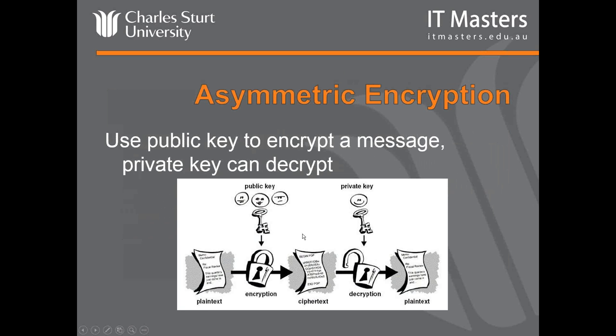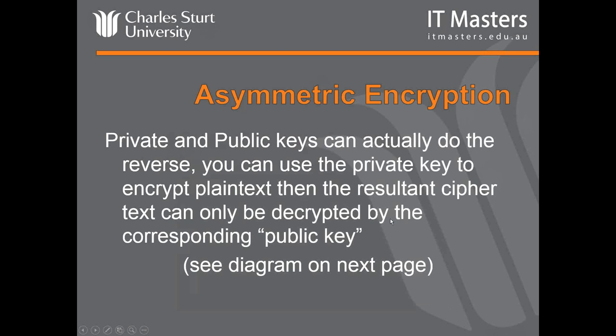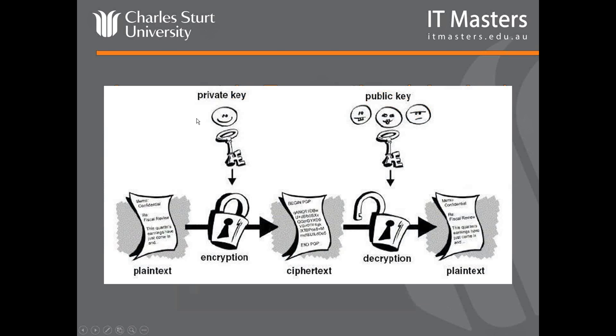To encrypt a message, we take the public key of the person we're sending it to. So I use your public key, and you can then decrypt it using your private key. To sign a message, I use my private key to encrypt the message, and you can decrypt it and validate that I signed it using my public key that everyone has.